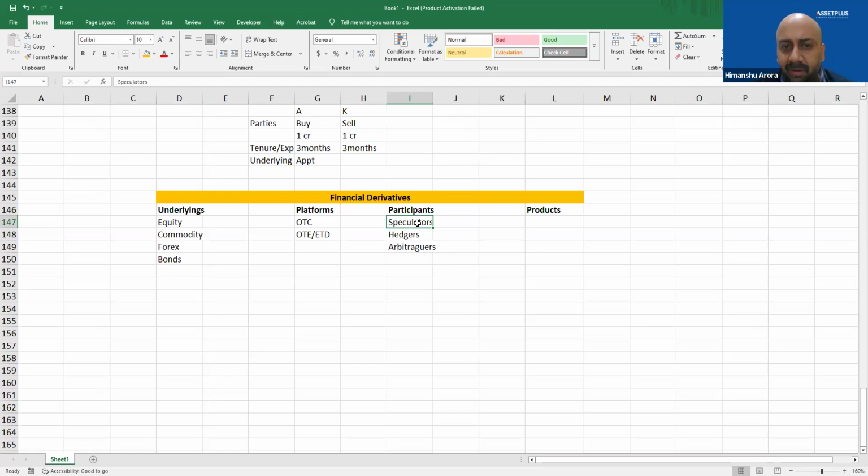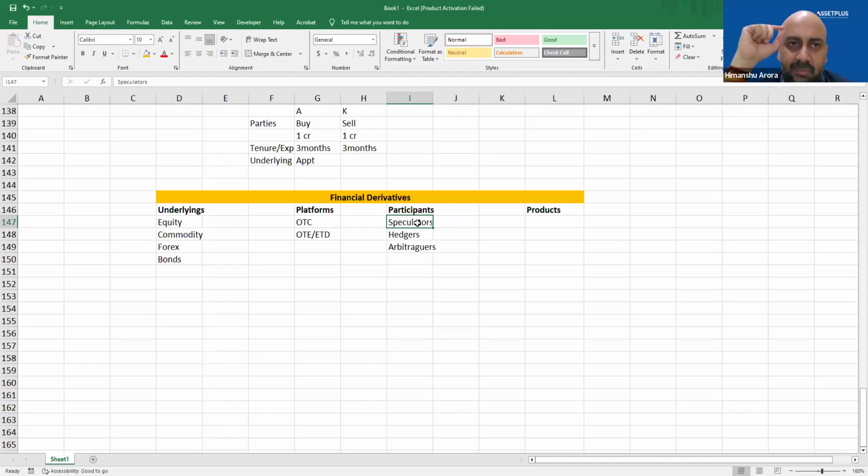So there are three different participants in the derivatives market. One, speculators. Second, hedgers. And third, arbitrageurs. Now, who are speculators? I want everyone's attention, please. Whenever someone enters into this contract for the purpose of only making profit, when the purpose of entering into a derivative contract is only to make money, then this participant is called a speculator.